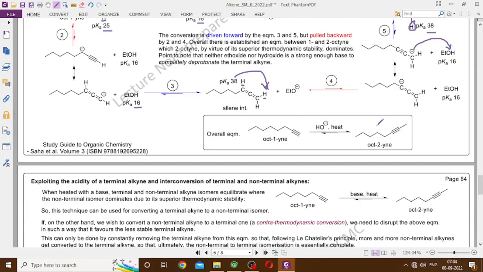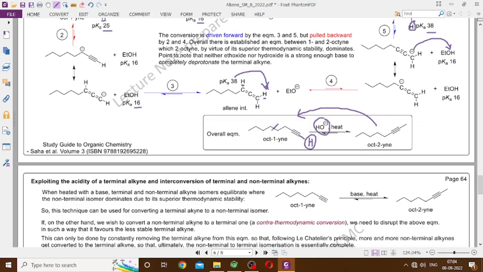But let's take inspiration from this particular fact. Can I go in the opposite direction? If this equilibrium is favoring this internal alkyne, then can I go in the opposite direction? Sure. Use a base which can completely deprotonate this terminal alkyne hydrogen quantitatively.